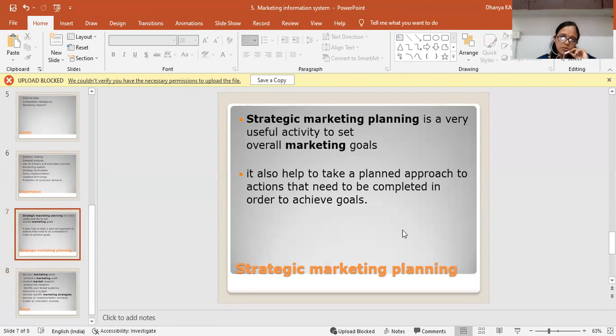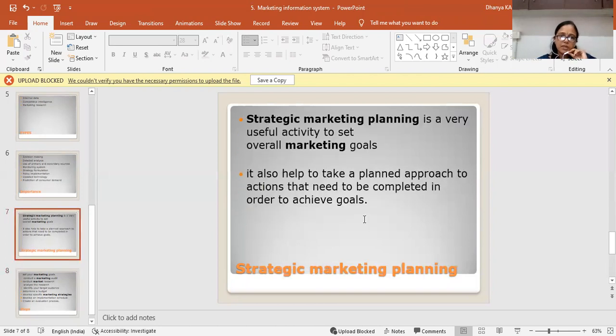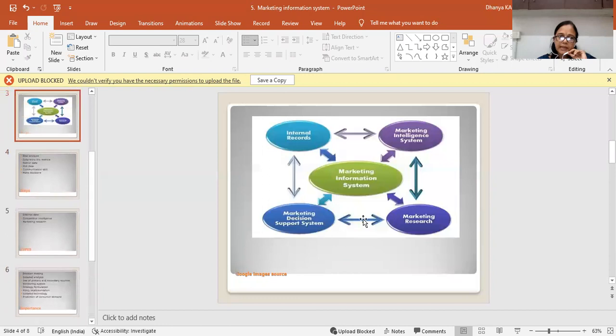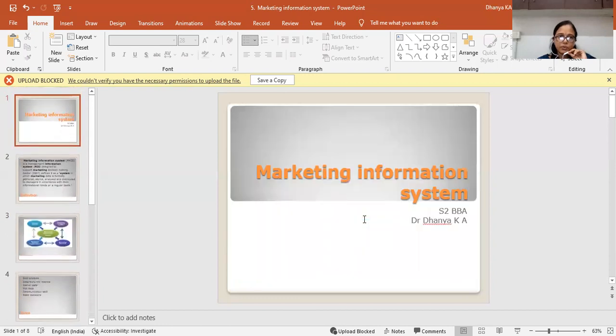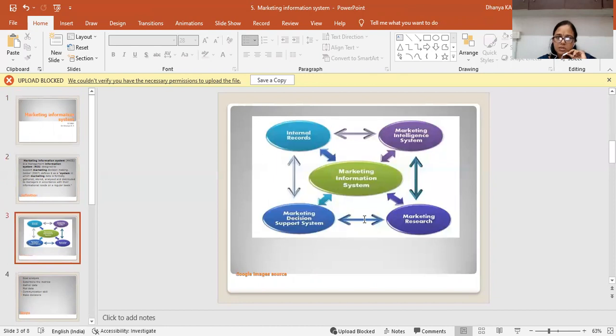So you need to understand what is strategic marketing planning and what is the need for it. The need actually comes because of the influence of the external and internal factors on the marketing. And these are some of the steps involved in the strategic marketing plan. So this is for today. That is, what is marketing information system and what are its components.